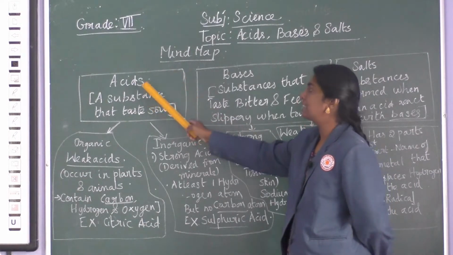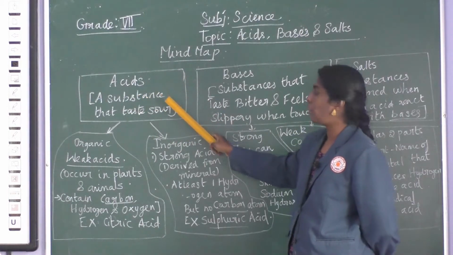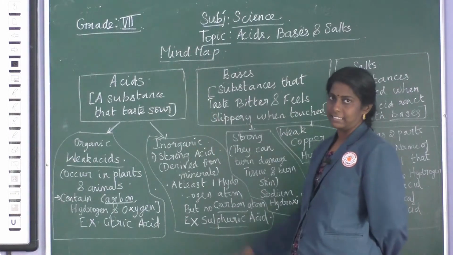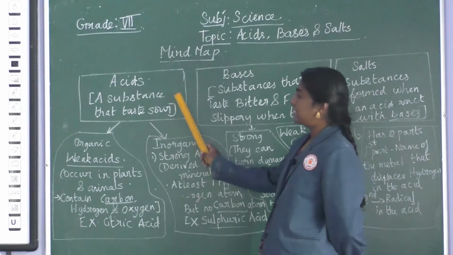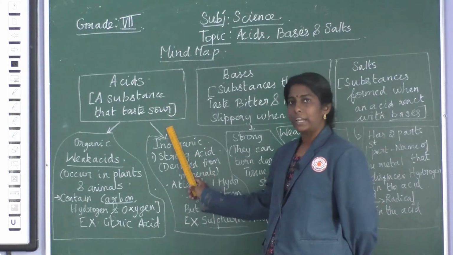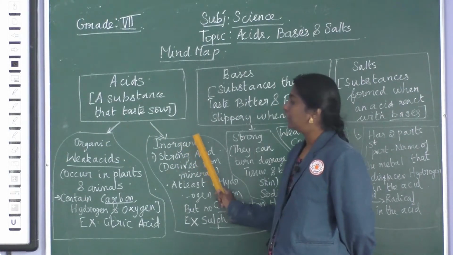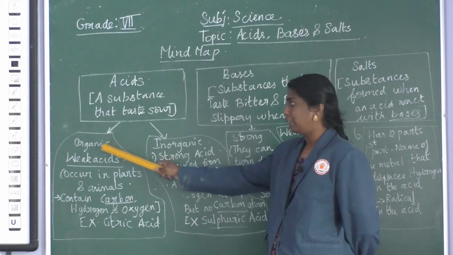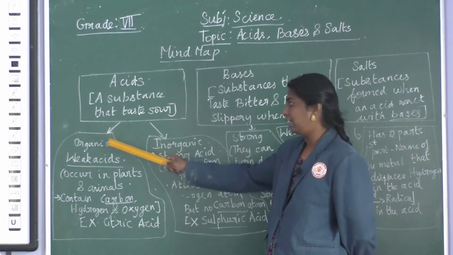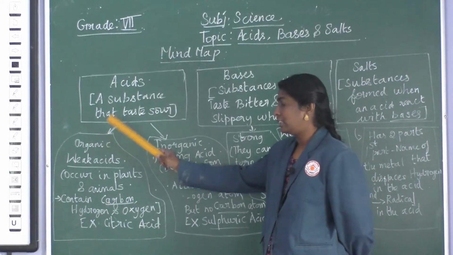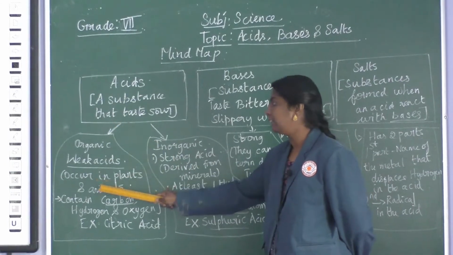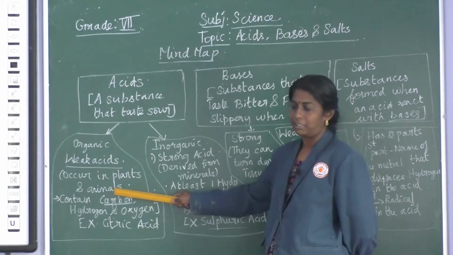A substance that tastes sour is said to be an acid. Acids are further classified into two types, organic and inorganic. As the name suggests, organic acids occur naturally in plants and animals.